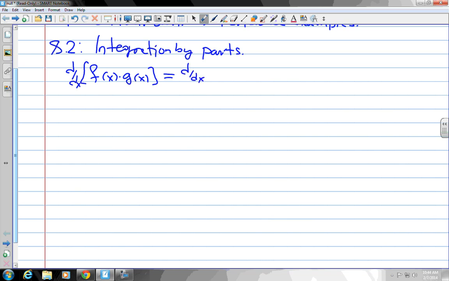The derivative of f times g plus f times the derivative of g. Okay?